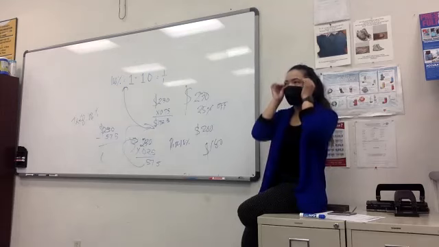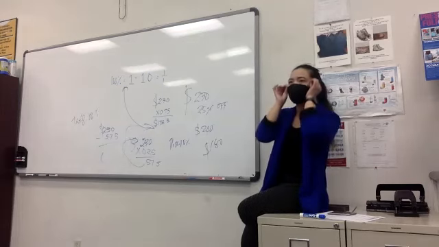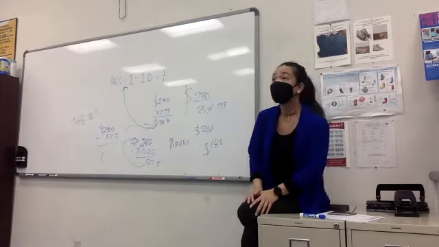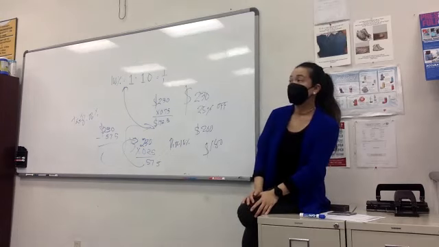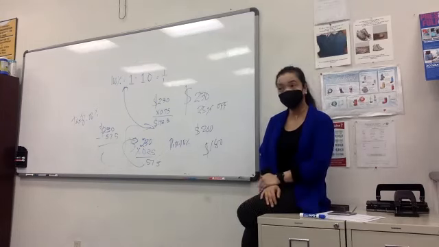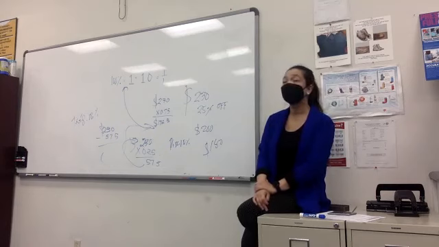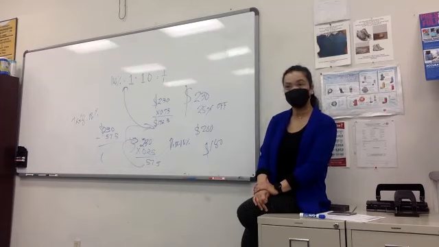Flip the switch. We are now sellers. Markup now. What do you think is going to happen in reverse if I'm a business owner? I want a 25% markup. What's my multiplier? Times 1.25. And that's how much I want the buyers to pay me.